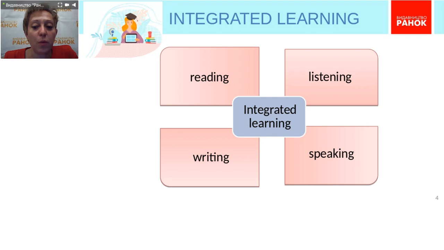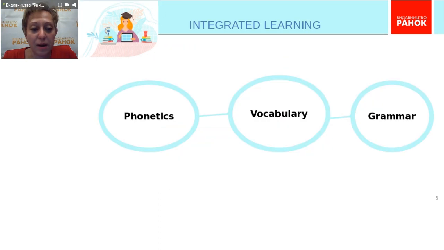Then we teach our pupils to speak a little, to read, and after that we teach them writing. So we use all different kinds of exercises to integrate these skills into one great result, that our pupils learn foreign language, and they can use it in their everyday life.